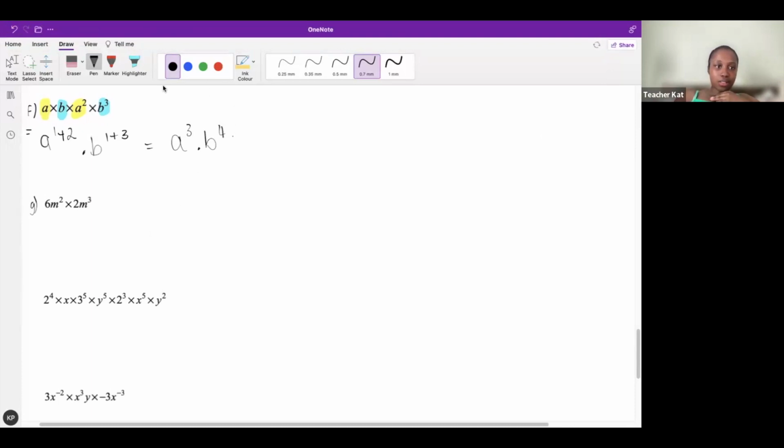We have numbers this time. We have a 6 and we have a 2. So these bases are not necessarily different. M is its own base on its own, and then we have numbers.